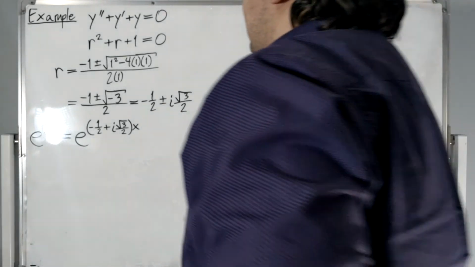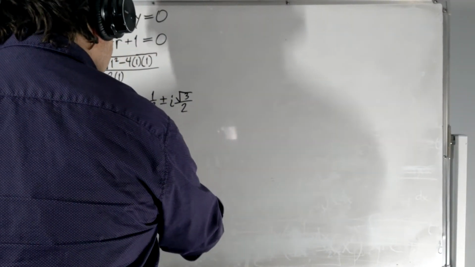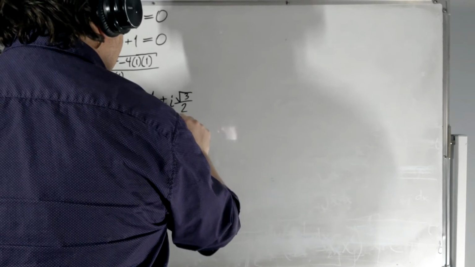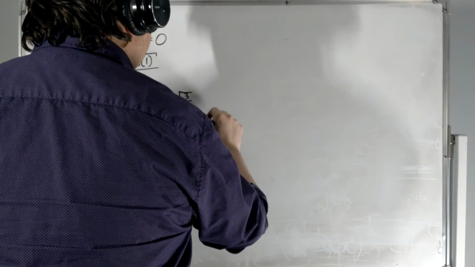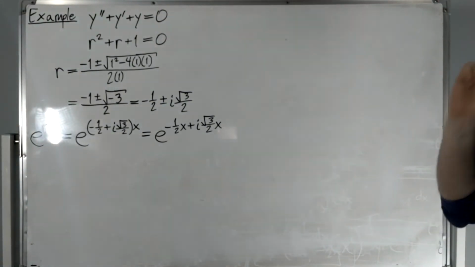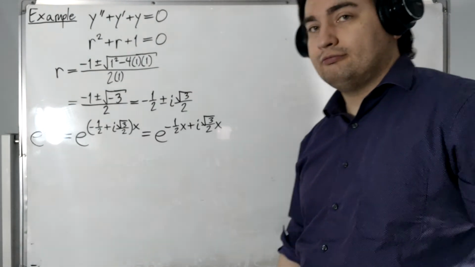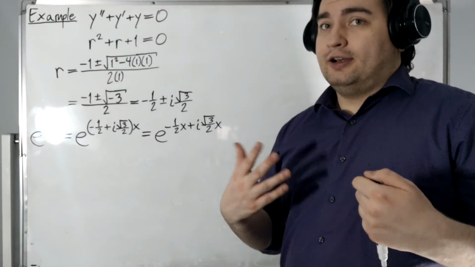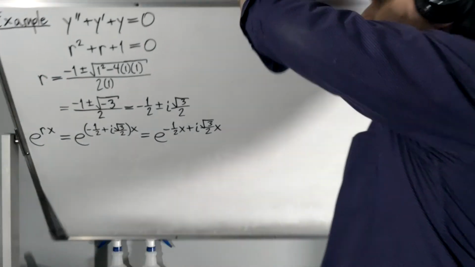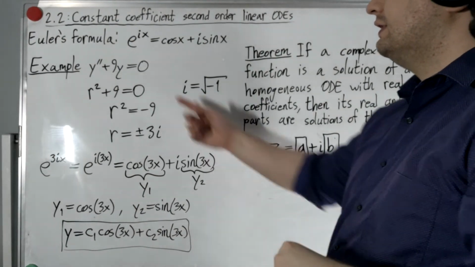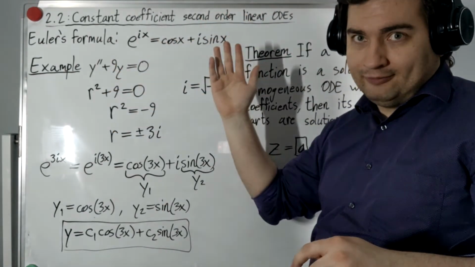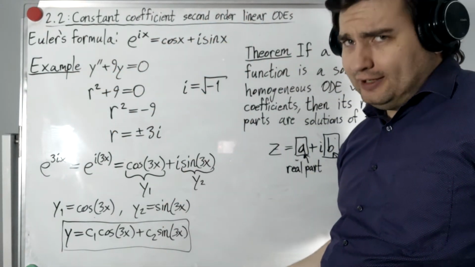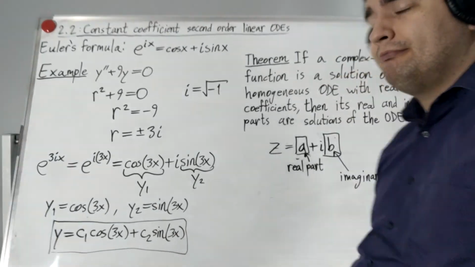Distribute this. This becomes e to the negative 1/2 x plus i root 3 over 2 x. Now, Euler's formula says e to the i times whatever equals something. But that's not exactly what we have in this case, right?